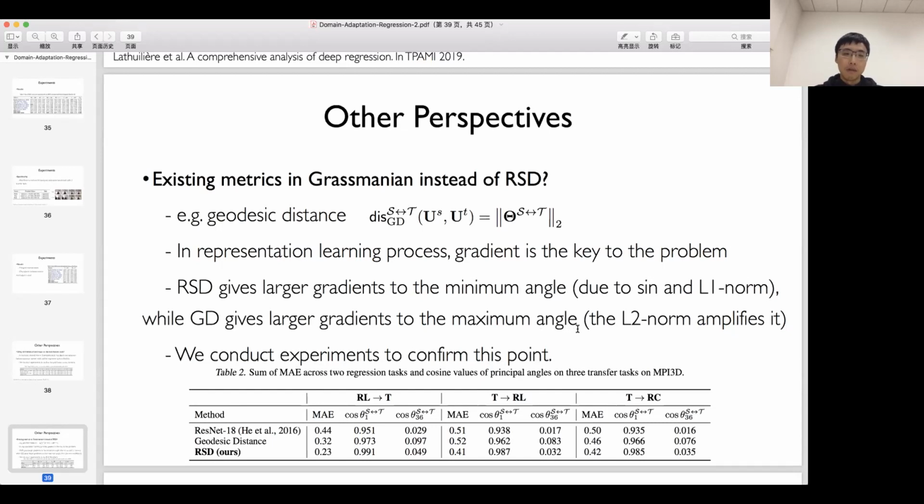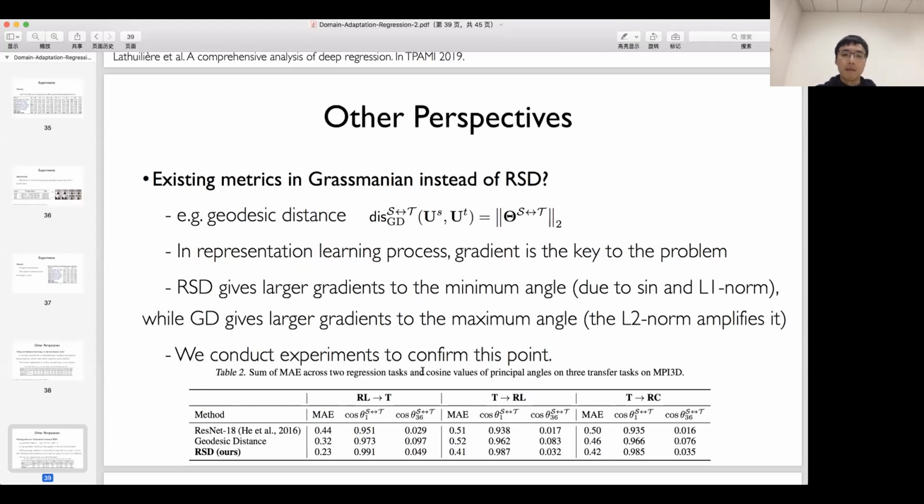It means that when the two domains are very different, there are many representations that should be different and should not be made close between the distributions, because some feature representations are not very important for our regression tasks. So trying to close the gap between them is not very important. Our ISD tries to close the gap for the minimum angle. It is more reasonable.